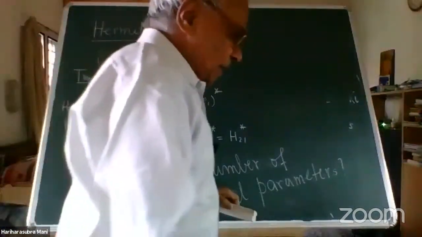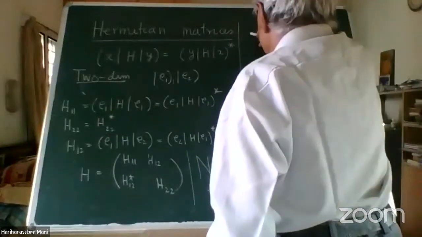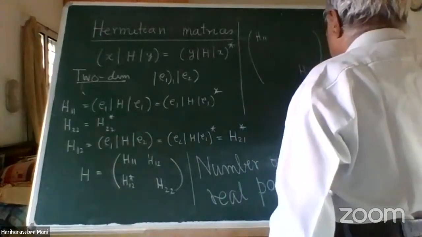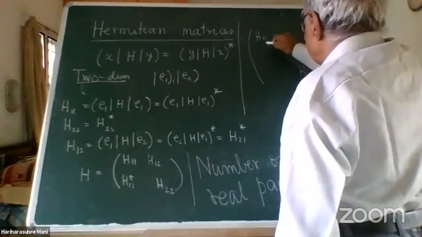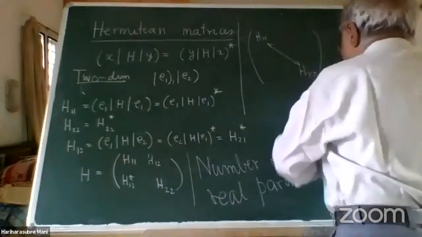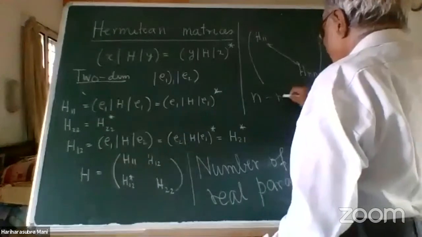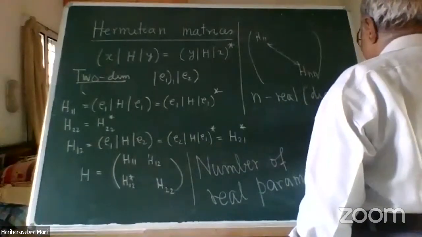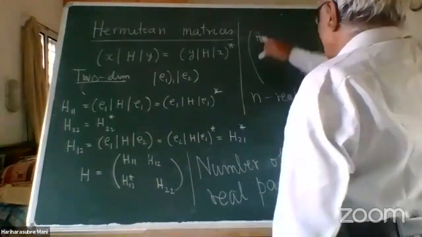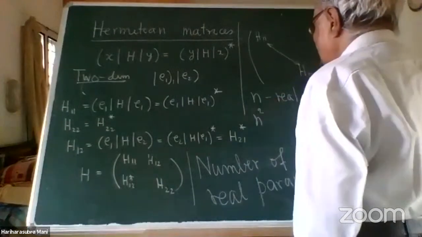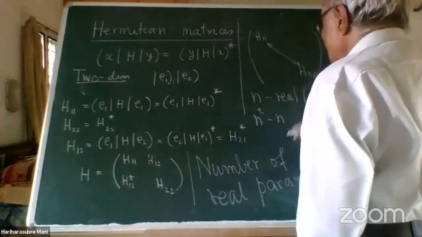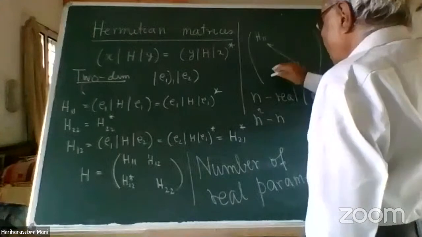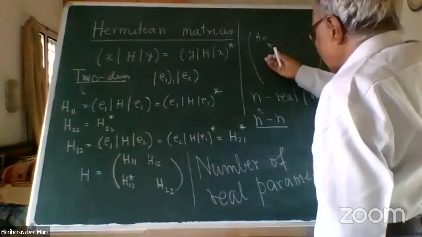Let us answer the question for n dimensions. All these are real. N real for diagonal. How many are left? Total number of elements is n squared. I have subtracted n from here. So I am left with n squared minus n parameters, out of which this set is complex conjugate of that.